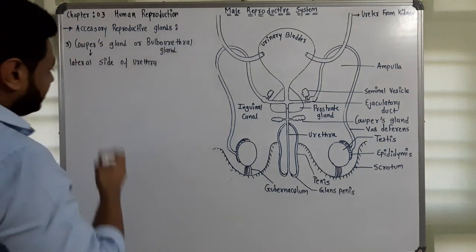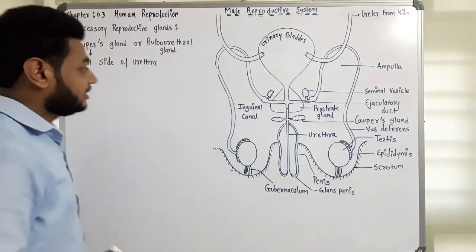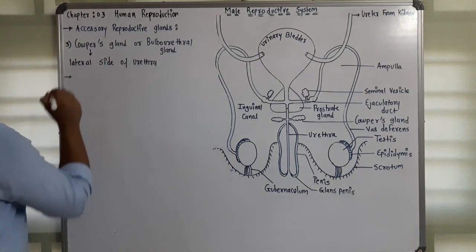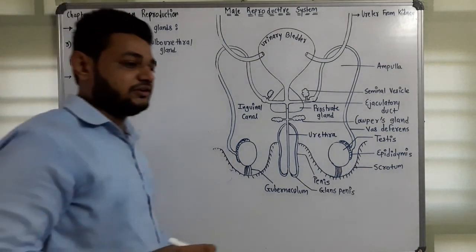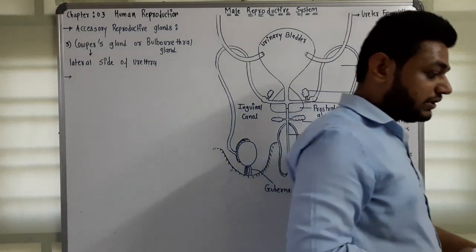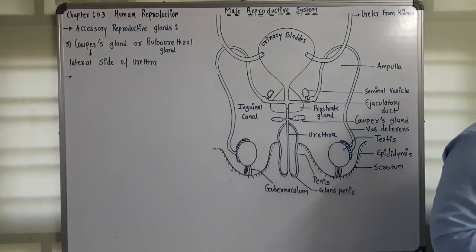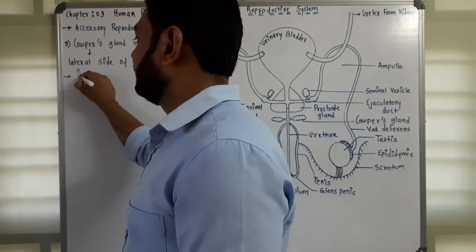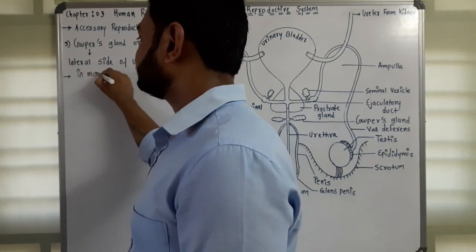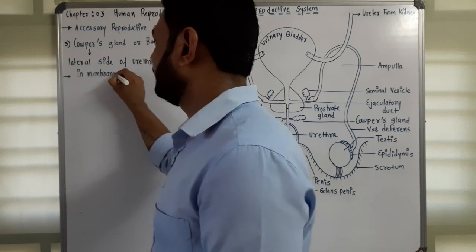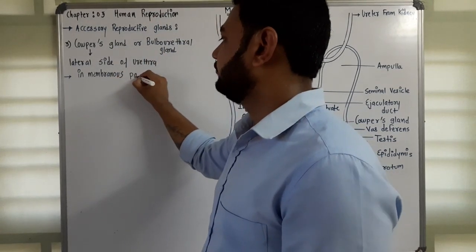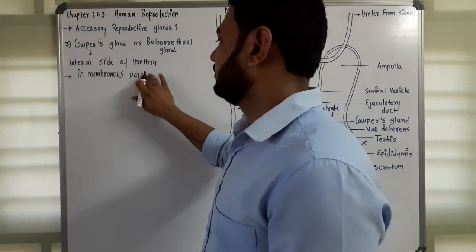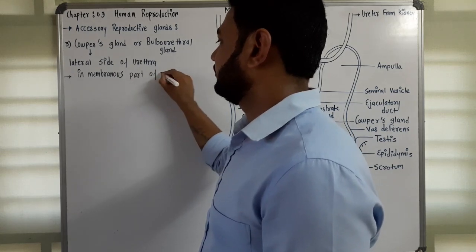And as it is located on the lateral side of the urethra, it is situated in the membranous part of the urethra. So you have to remember that it is situated in the membranous part of the urethra.